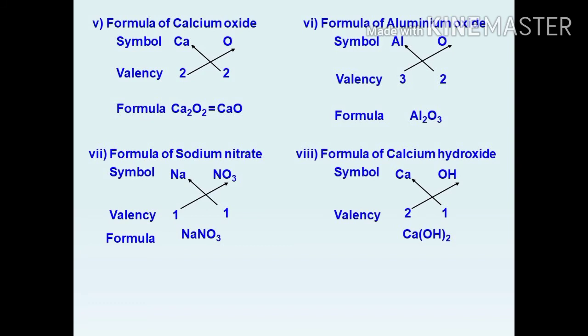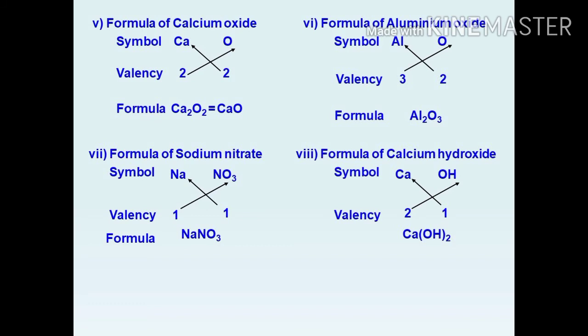For example, calcium oxide, sodium chloride, iron sulfide, copper oxide, where oxygen, chlorine and sulfur are non-metals and are written on the right. Did you understand? They are non-metals, so we write them on the right side, whereas calcium, sodium, iron and copper are metals and are written on the left side.